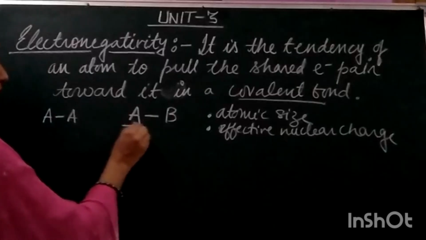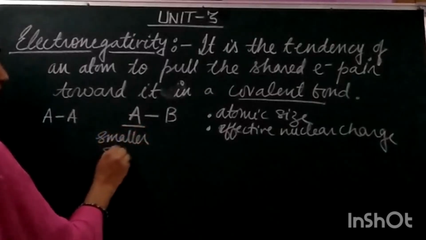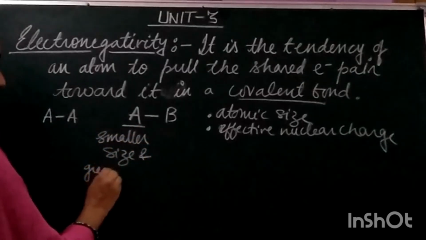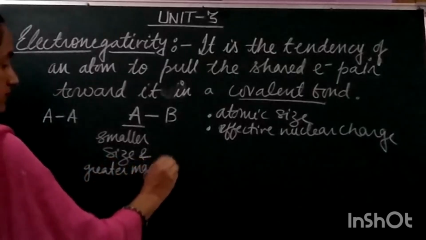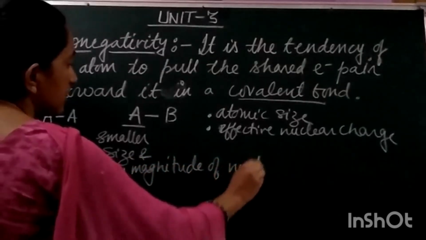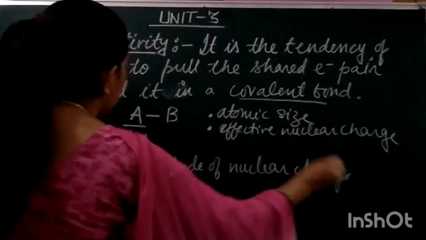Let it be A, which has comparatively smaller size and greater magnitude of nuclear charge, right?